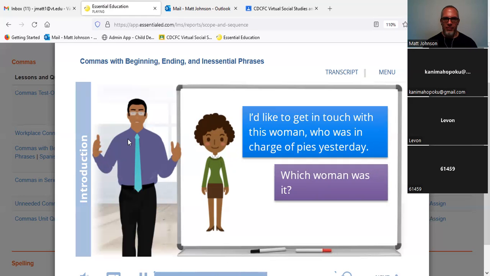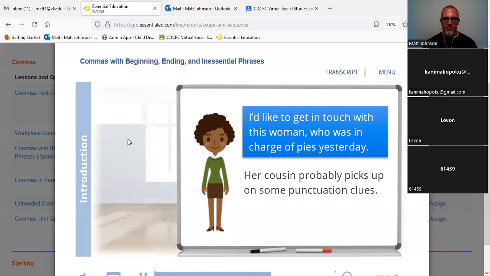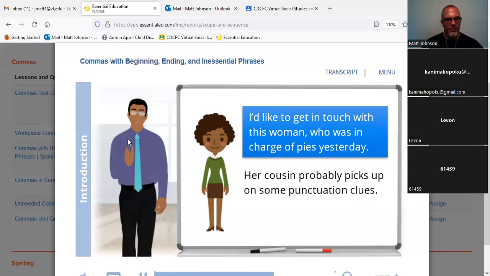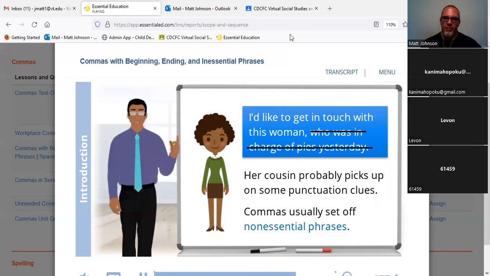I'm guessing her cousin isn't a very careful reader, but picks up on some punctuation clues like most of us do. So the cousin paid attention to the main part of the sentence and sort of ignored the part after the comma, because commas usually set off non-essential phrases, ones that you don't need to understand the whole idea of the sentence. A phrase that describes the woman, like "who was in charge of pies yesterday," shouldn't have a comma. The comma tells the reader that it's just extra information, not information that defines what you're talking about.